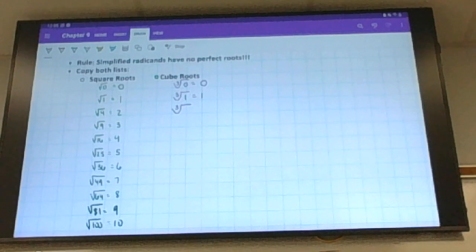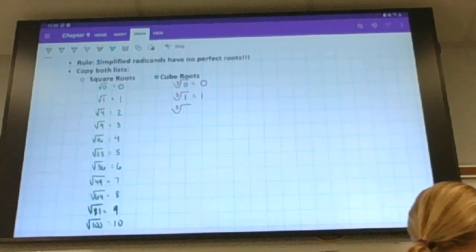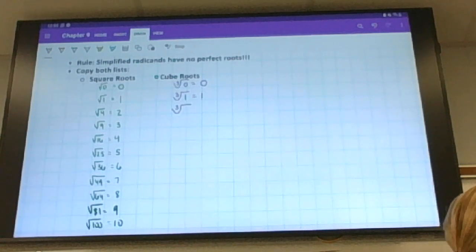How do we cube root? Well, he means in the calculator. It's second. I think you gotta hit 8 first, and then second.